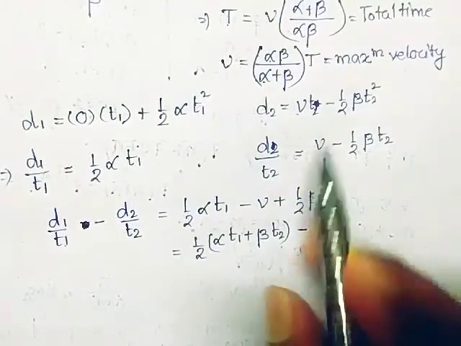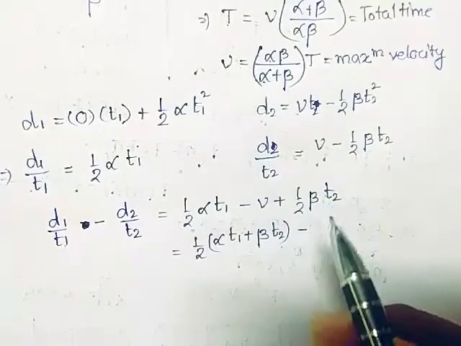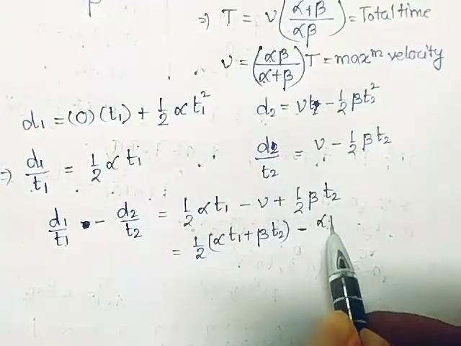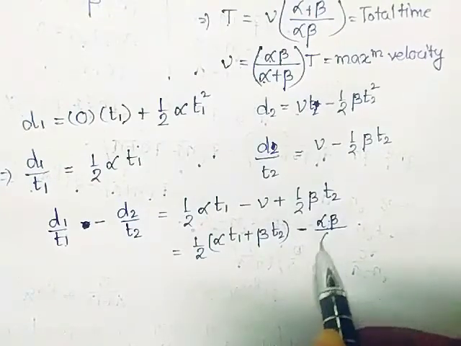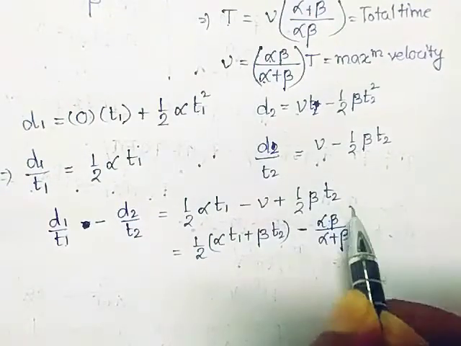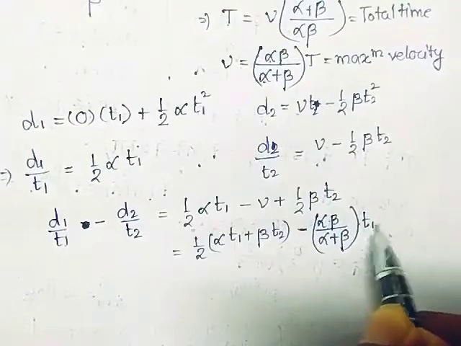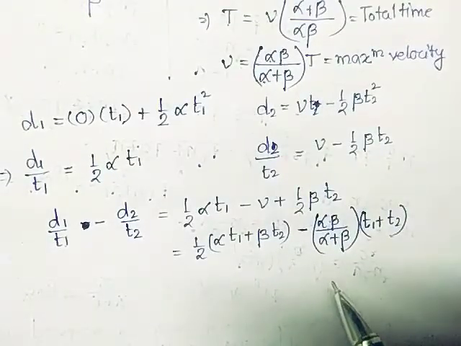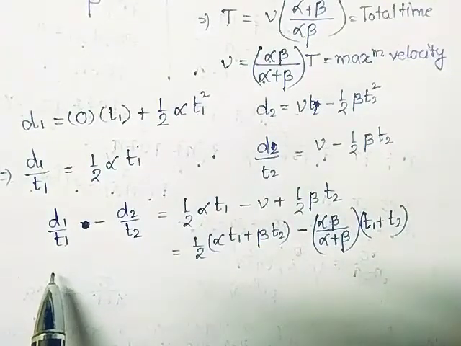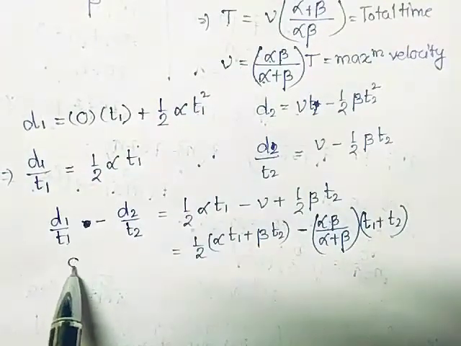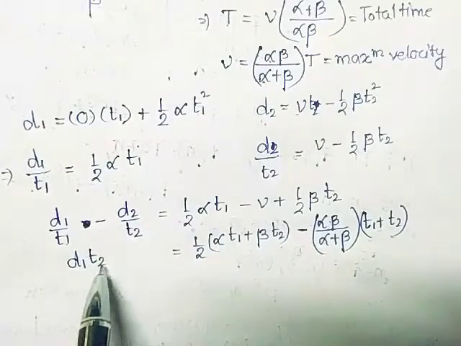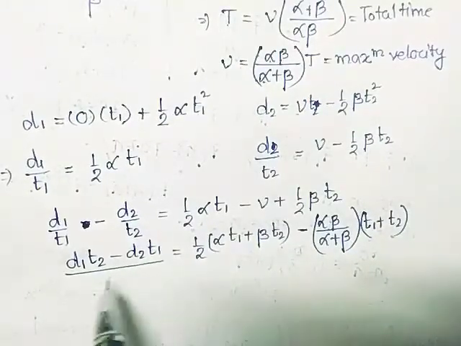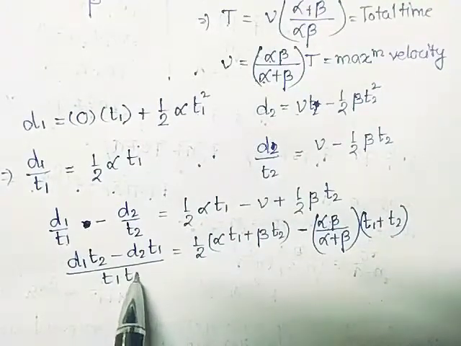And what is v? We have just calculated it, it is here. So it will be alpha into beta divided by alpha plus beta into t1 plus t2. If I just replace this by capital T, and write it here, d1 t2 minus d2 t1 divided by t1 t2.